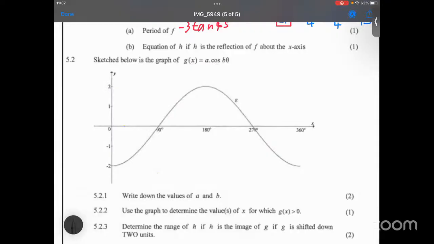So that would mean determine the range of h if h is an image of g, and that g shifted down by 2 units. So that means it will shift from -3 to -4. It will shift up to there.